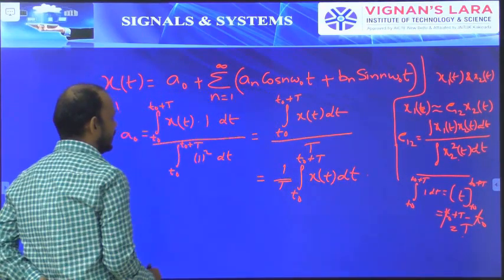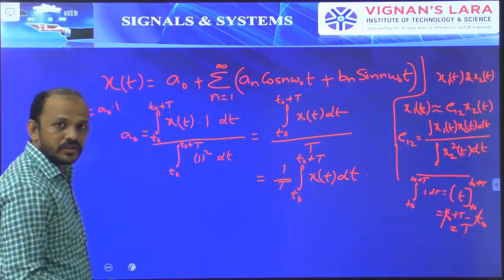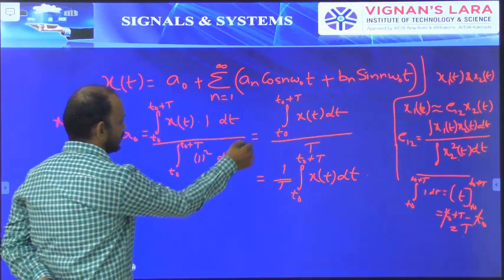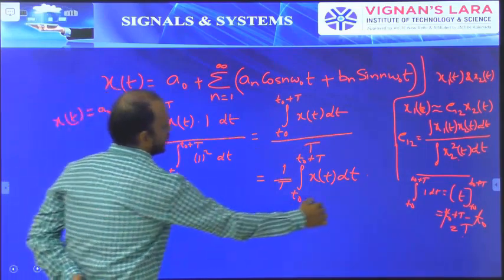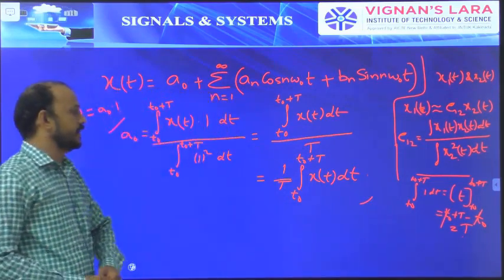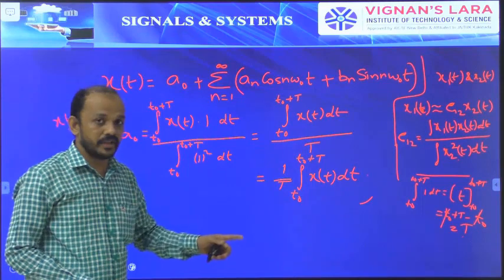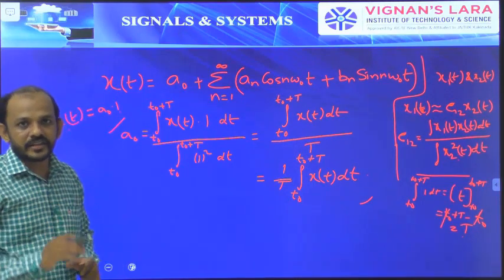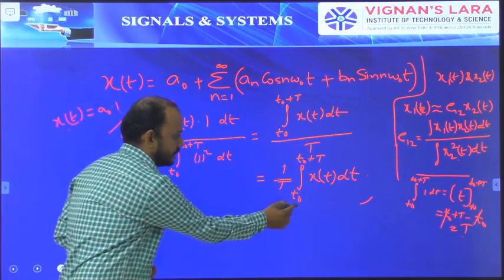So this will be the value of a0. So you can find out the value of a0 like this. So a0 will be equal to 1 by T integral t0 to t0 plus capital T x of t dt. Okay. So this is the first one.